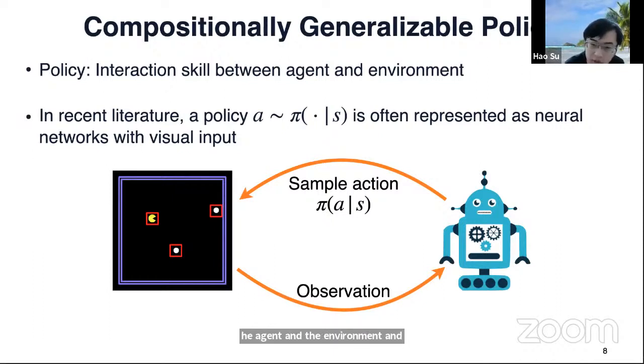In particular, in the recent literature of visual-based policy learning, the common setup is that we learn a policy distribution that allows us to sample an action based upon an observation. So here, pi(A|S) is what we desire to learn, which is a policy that might generalize compositionally.